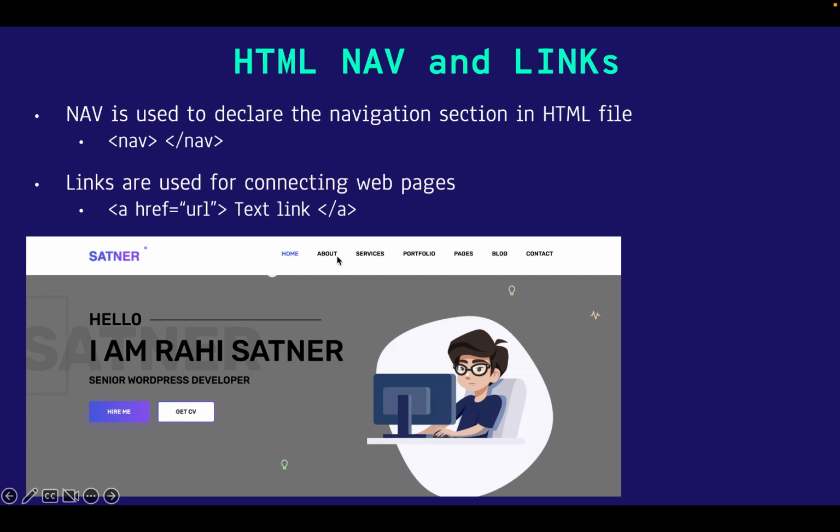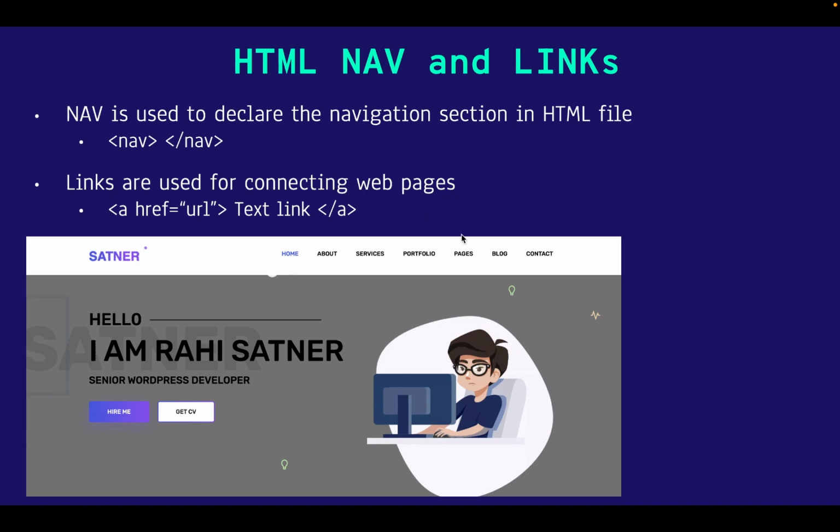So if you're in home, you want to go to about, services or something, you click on it, it will take you there, right? So they use HTML nav and HTML links for that, right? So I'm going to show you guys how to do that. We are going to create like 2 or 3 pages, then we have our navigation, then when we click on it, we'll be able to see the changes, right?